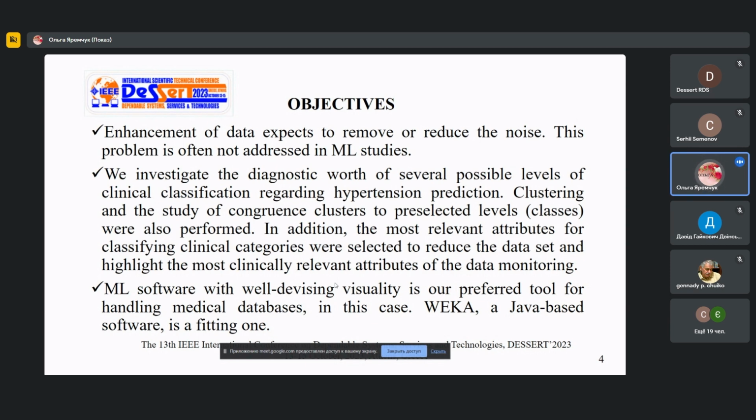Next is performing clustering and assessing the congruence of clusters with the pre-selected levels. Then selecting the most relevant attributes to reduce the dataset and emphasize clinically significant attributes, keeping the clinical needs in mind by using machine learning software with user-friendly visual tools. In our case, Weka, a Java-based software, is employed.